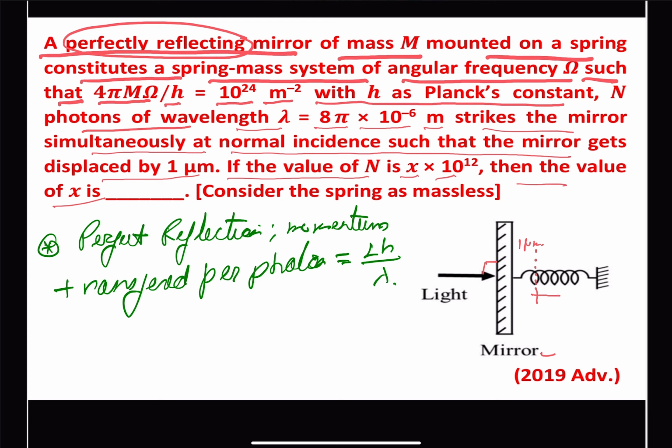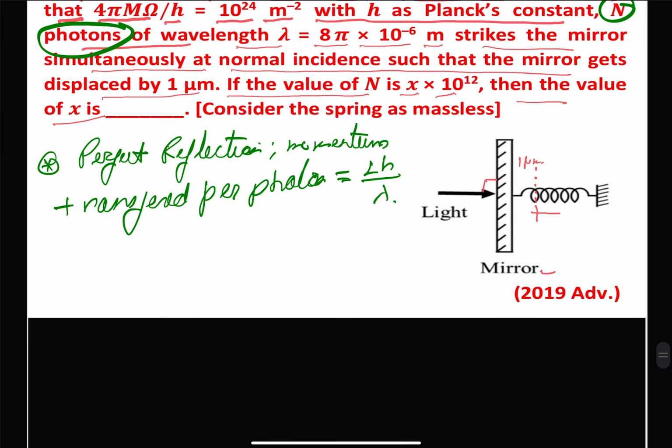So total momentum, it is given that there are n photons. So therefore we can write that total momentum, let us call this P total, will be equal to n multiplied by 2h divided by lambda.